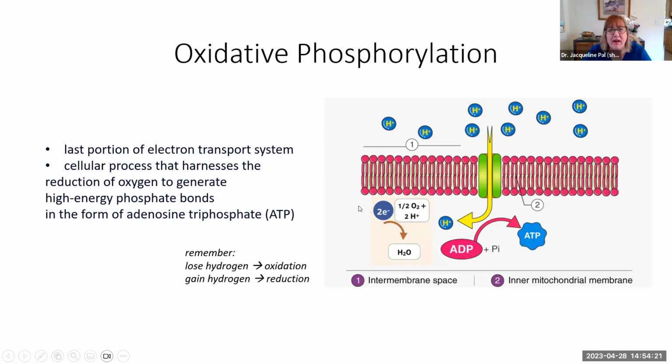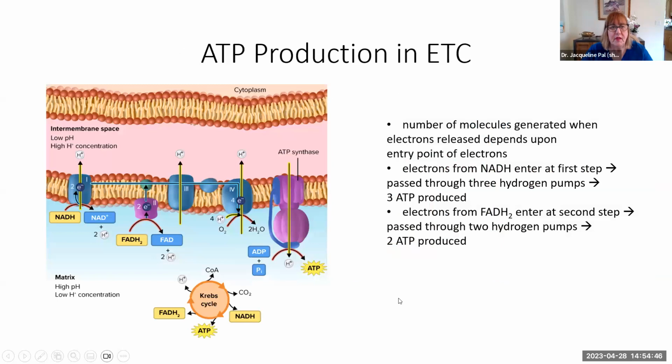In the intermembrane space, we're going to have those electrons with the oxygen and the hydrogens forming water. Okay, so it's oxidative phosphorylation. And remember, oxidation means we lose the hydrogen. You see over here, the hydrogens. All right, so producing ATP in this electron transport chain.